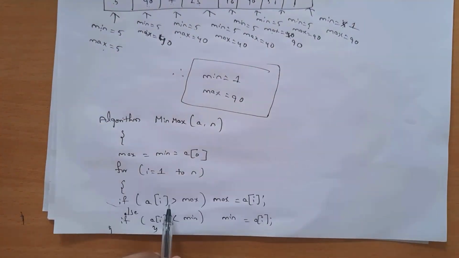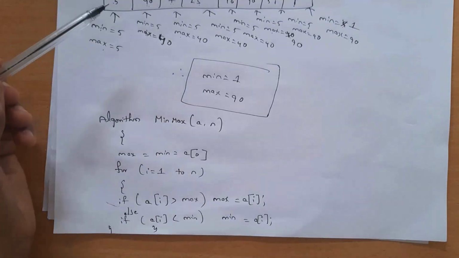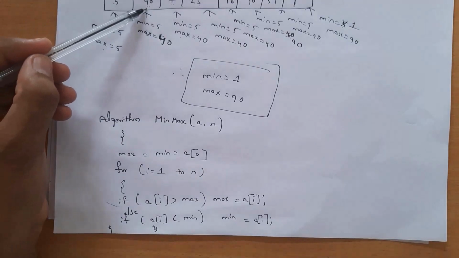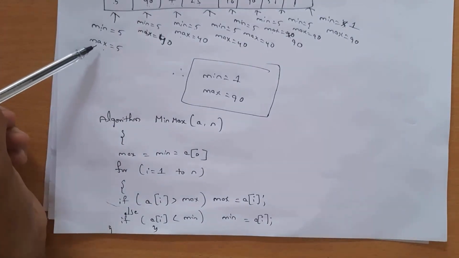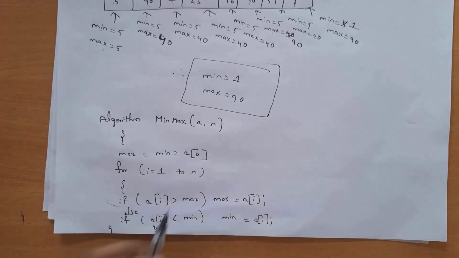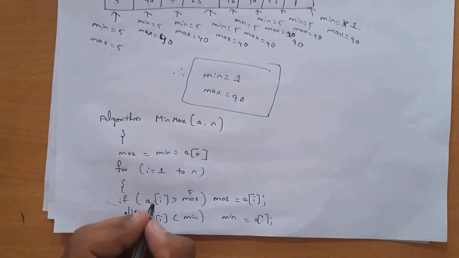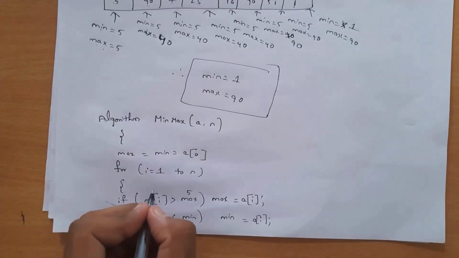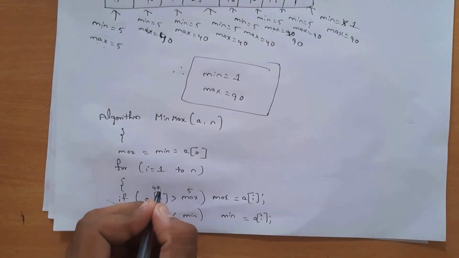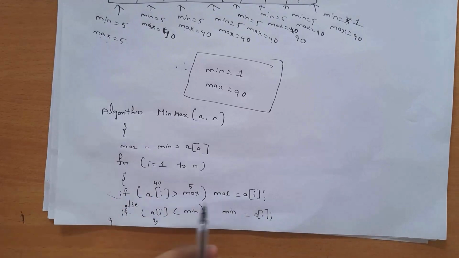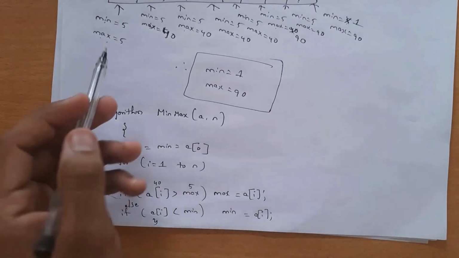If a[i] is greater than max, then replace maximum with a[i], as I said before. For example, consider this element 40. Initially the maximum element is 5, but here in a[1] the element is 40. If 40 is greater than 5, then maximum is equal to a[i]. So now we need to replace this 5 with 40.